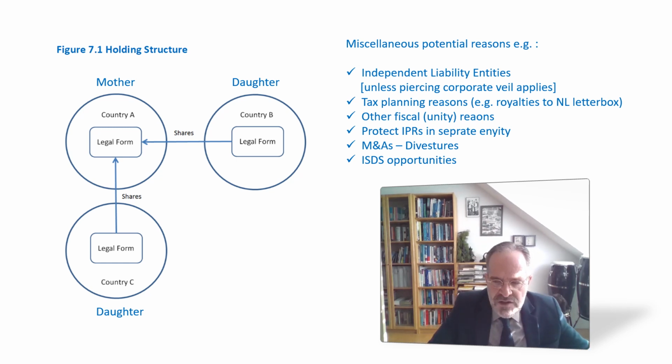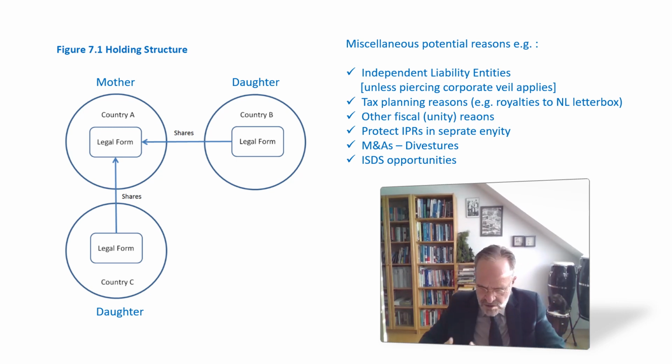And Dutch companies can in general easily do so based on the large number of treaties the Netherlands has with other countries. So apart from the attractive tax system, this ISDS opportunity is also a reason to create a Dutch daughter and then use that Dutch daughter to invest in other countries.